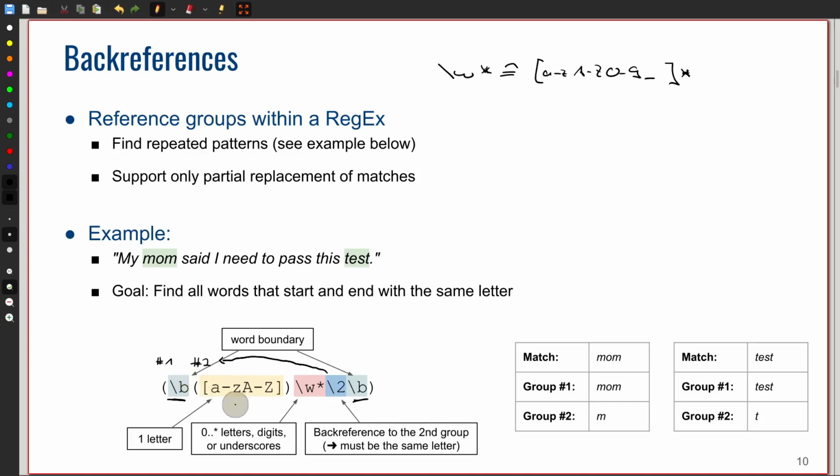Since group 2 was any arbitrary lowercase or uppercase letter, the word must end with the same letter. This works exactly for mom and test, because these are the two words that start and end with the same letter. And as usual with groups, we have access to the individual parts, not just the whole matching string.